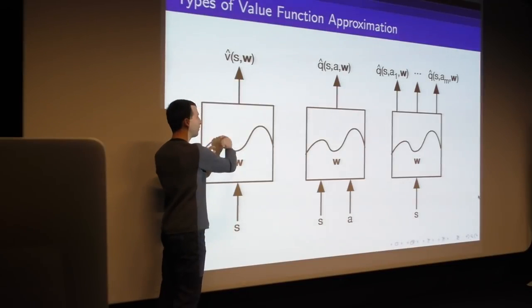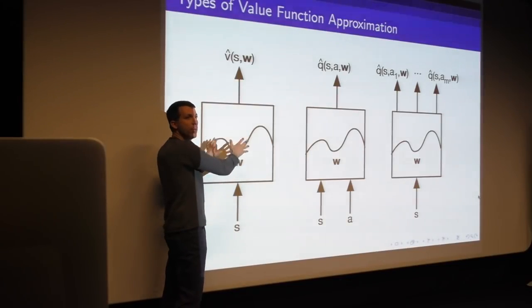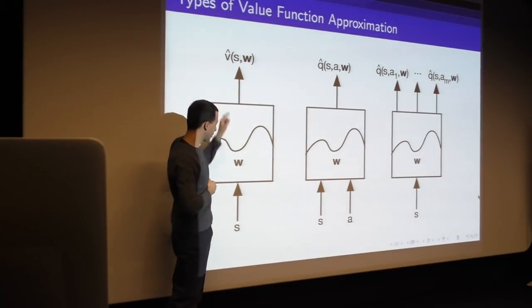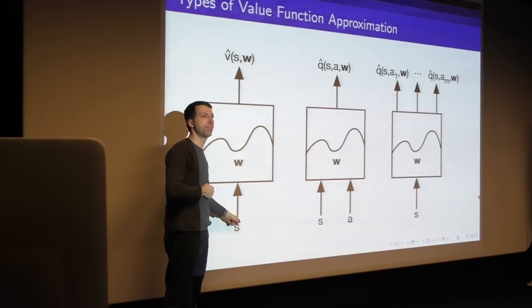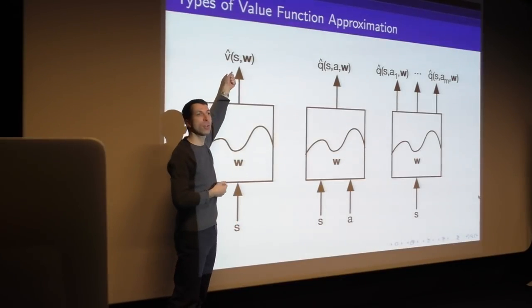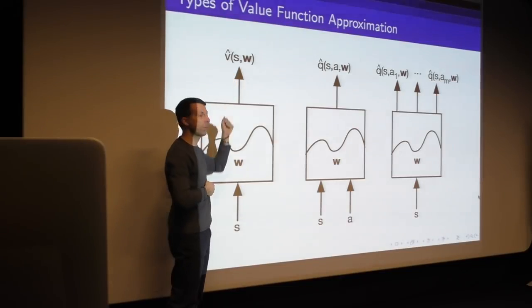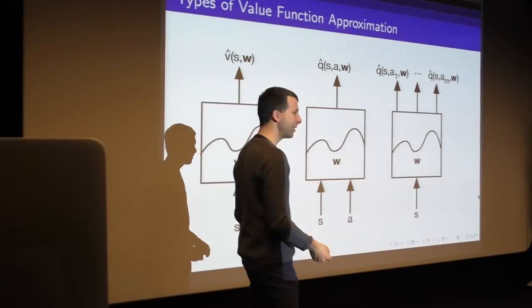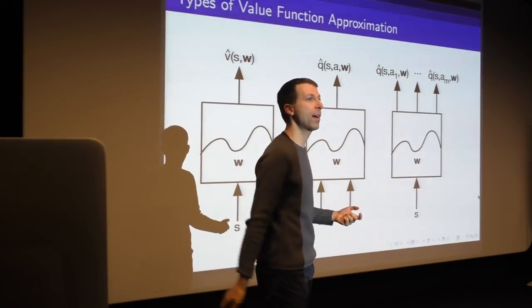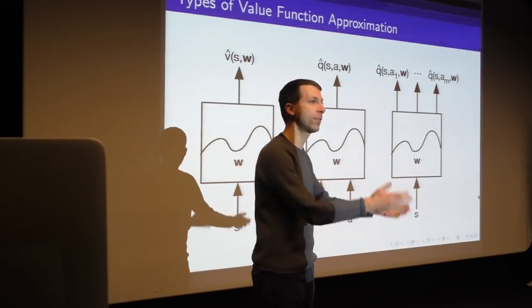The way in which w affects this is just part of the black box. We don't worry about that. What this thing spits out is the value function at this query state s. So we feed in s, and this thing estimates how good it is to be in s. We feed in, I'm in this state over here, and this thing says, aha, you're going to get 7.6 units of reward discounted over the rest of your trajectory.